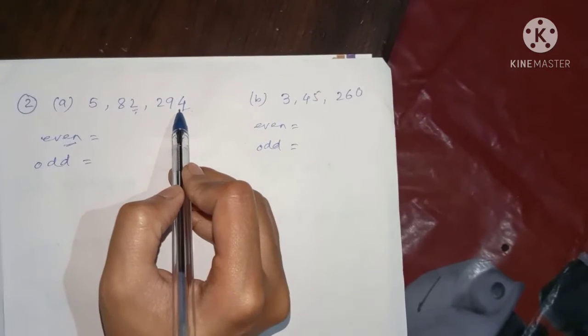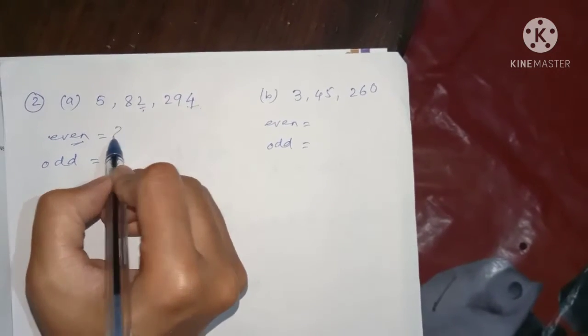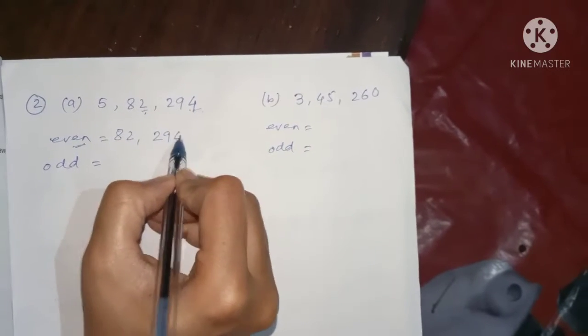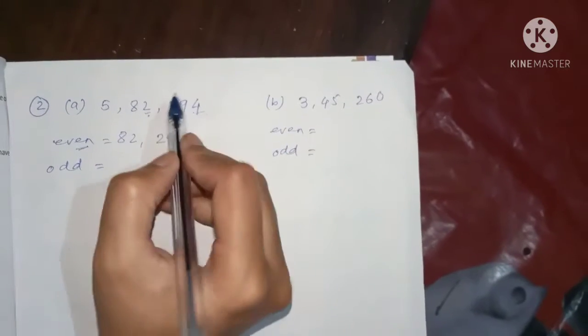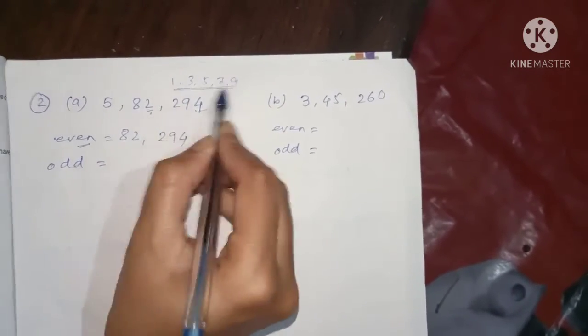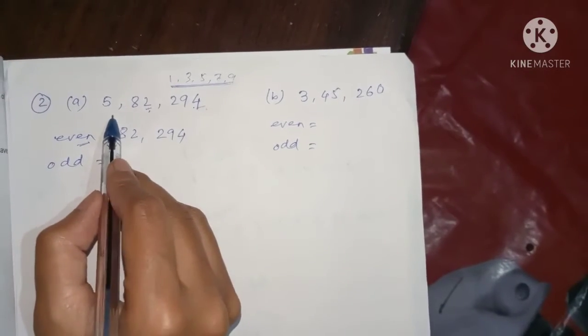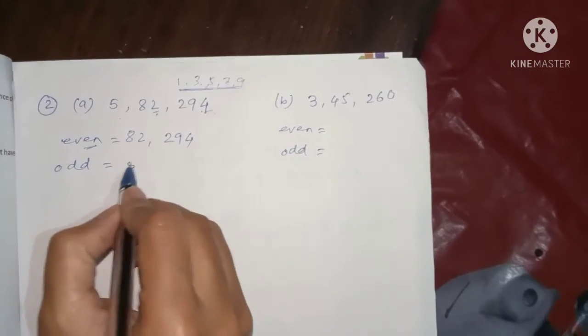Okay, understood? Can you find them? So we write like this: 82, 294. And for the odd numbers, as I have discussed, 1, 3, 5, 7 and 9 should be in the ones position. So 5 is an odd number, so this is odd.